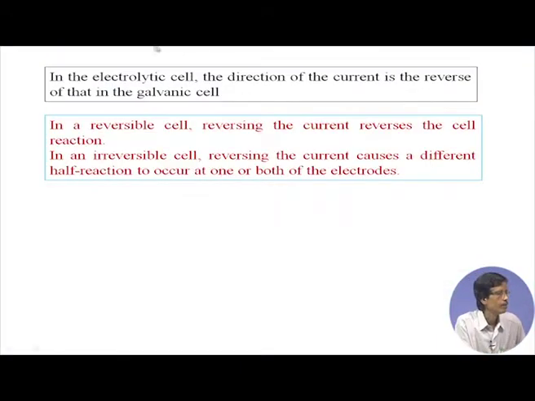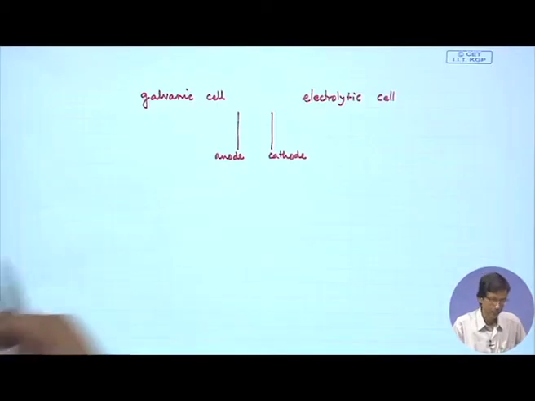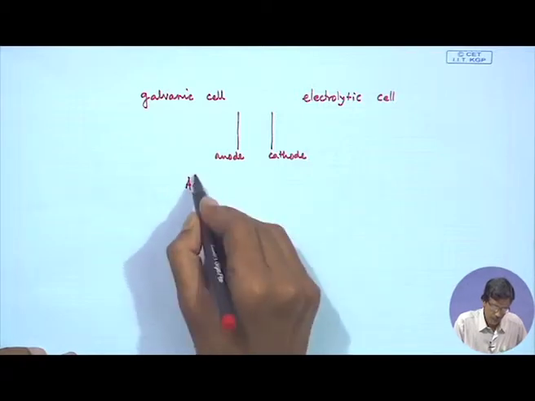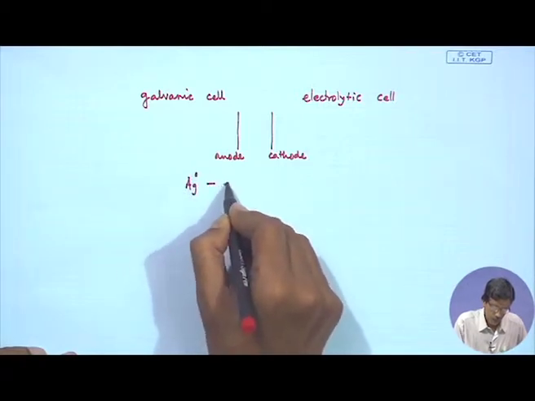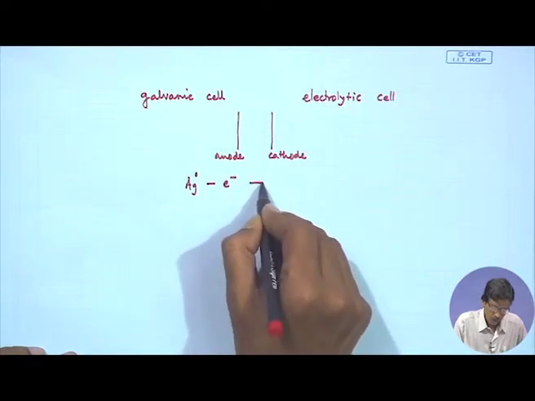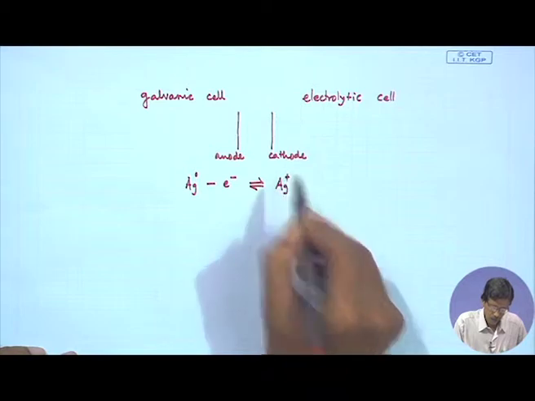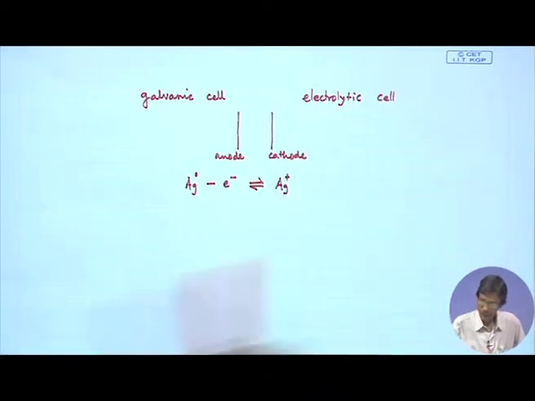Now we consider a reversible cell, where we get a particular type of reaction. That means silver 0 is losing an electron to give silver ion, as its half cell reaction.